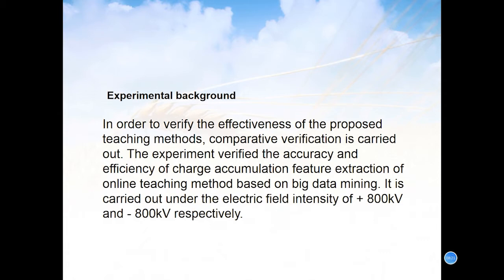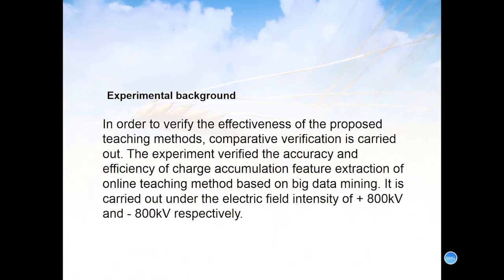Experimental background. In order to verify the effectiveness of the proposed teaching method, comparative verification is carried out. The experiment verifies the accuracy and efficiency of charge accumulation, further extraction of the online teaching method based on big data mining.